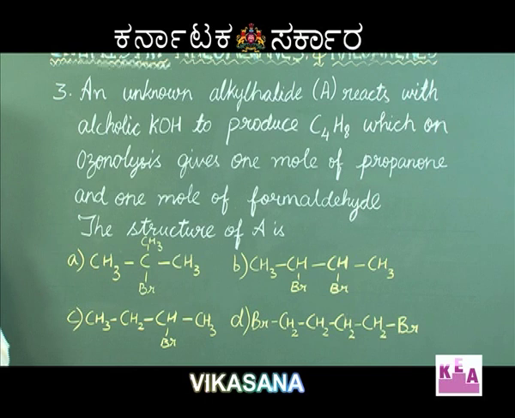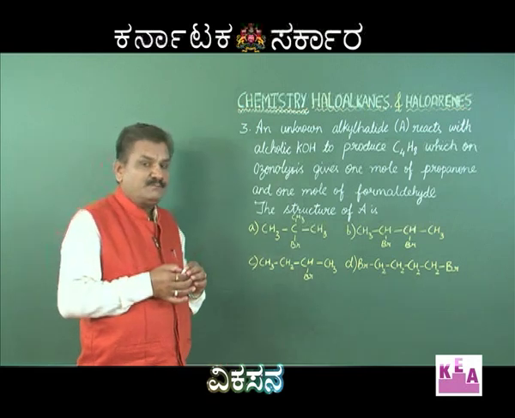The structure of A is: option A, tertiary butyl bromide; option B, 1,2-dibromobutane; option C, 2-bromobutane; option D, 1,4-dibromobutane. Look at this question.